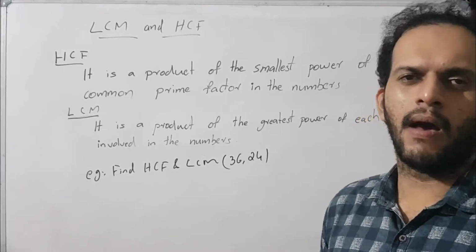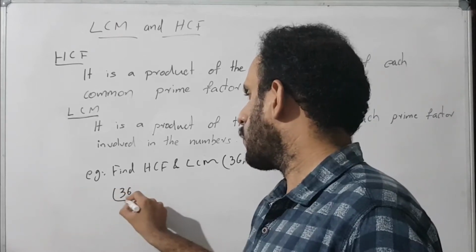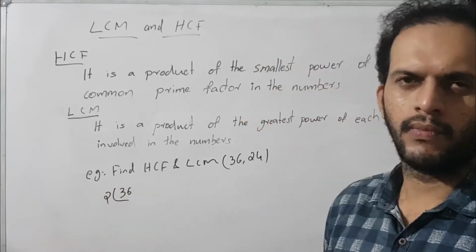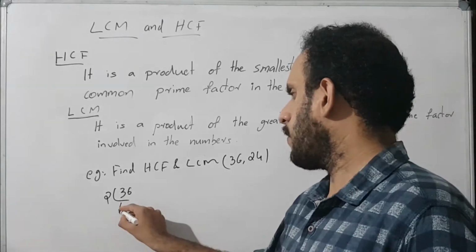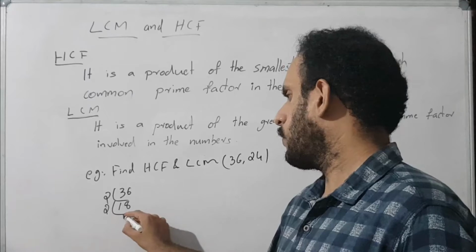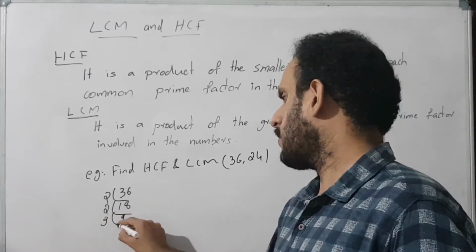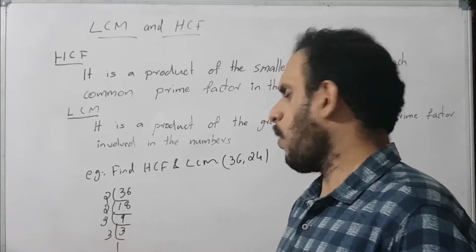We factorize the numbers. I factorize 36 into 2 and 18, then 2 and 9, then 3, 3, 3, 1.